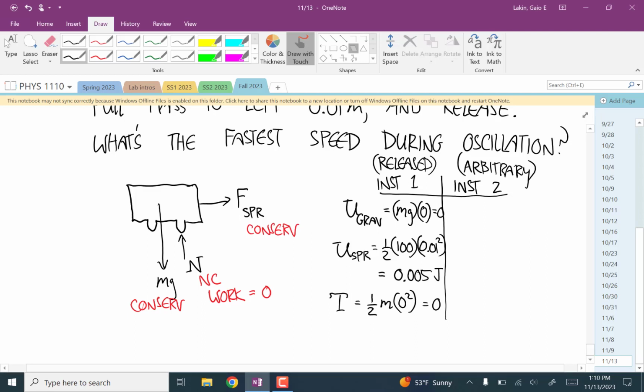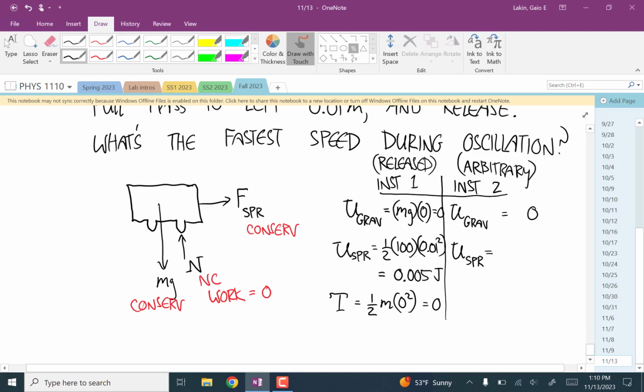And now let's think about these values at some arbitrary point during this oscillation. Okay, so the gravitational potential energy, what's the height at some arbitrary point during the oscillation? 0. Still 0, yep. Then for the spring, we'll just say that the displacement is x.